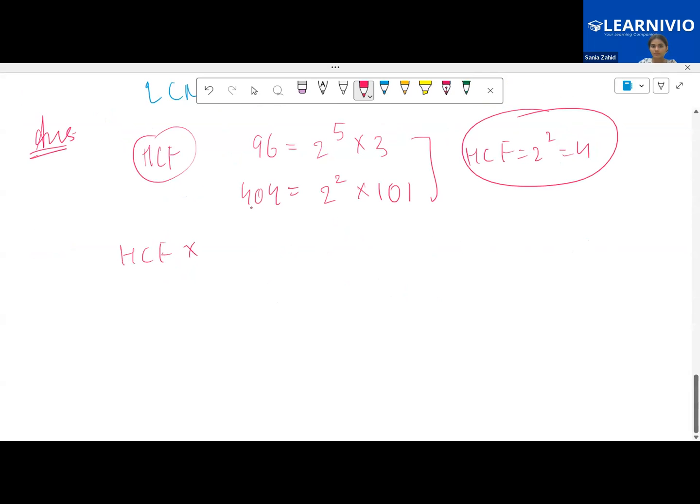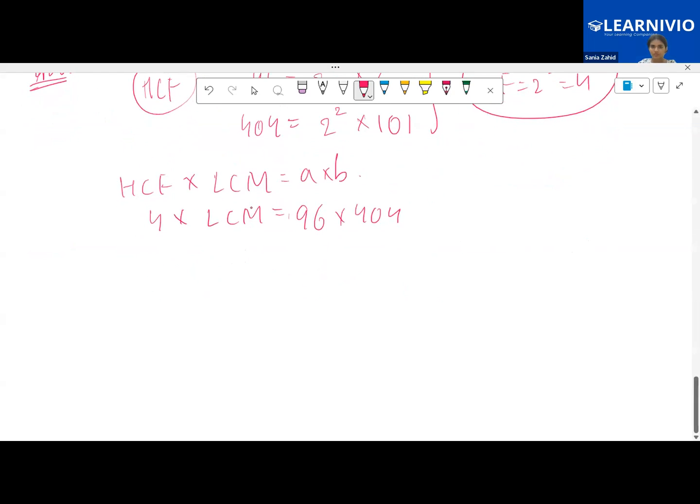We put the values of HCF and A and B, so we get 4 into LCM equals 96 into 404, so LCM equals 96 into 404 divided by 4, which we simplify as 24 into 404.